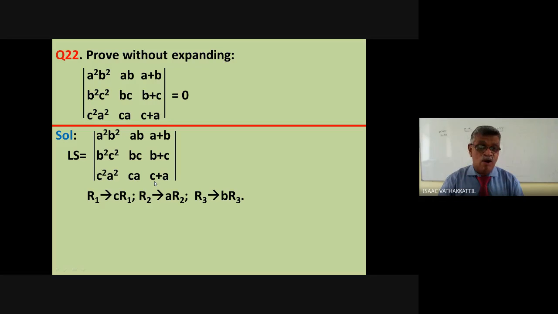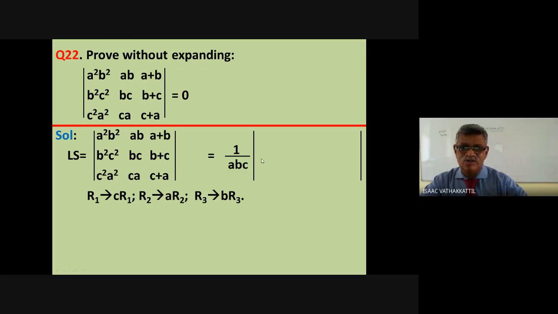I have to divide outside with C. When I multiply the second row with A, I have to divide outside with A. And when I multiply the third row with B, I have to divide outside with B. That means by this operation, to keep the equality, outside I have to multiply with 1 by ABC. Getting along? When I multiply the first row with C, I have to divide outside with the C. Then only the equality is maintained.